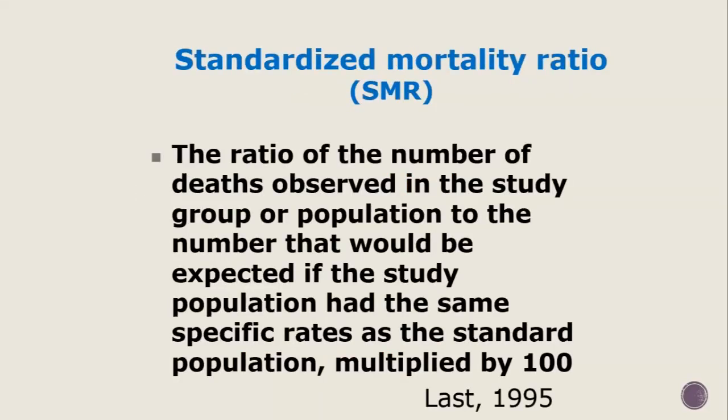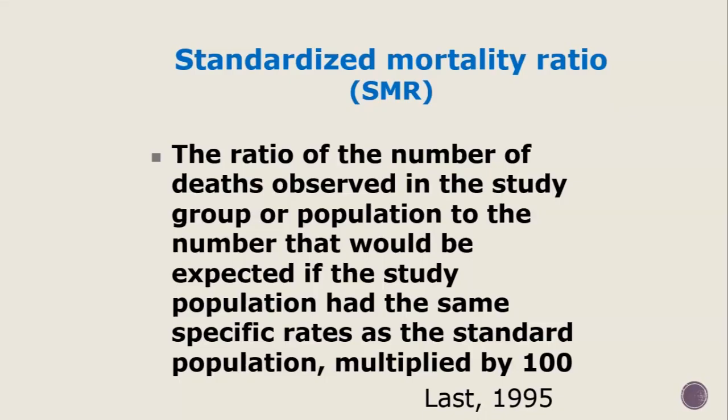So we spoke about the standardized mortality ratio already. The ratio of the number of deaths observed in the study group or population to the number that would be expected if the study population had the same specific rates as the standard population, and this is multiplied by 100.